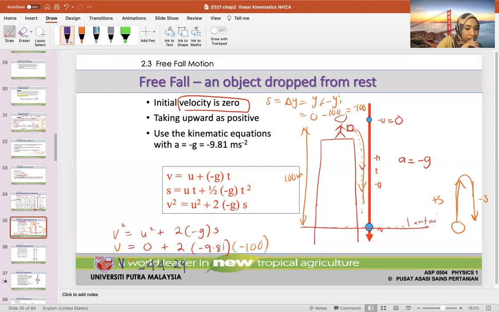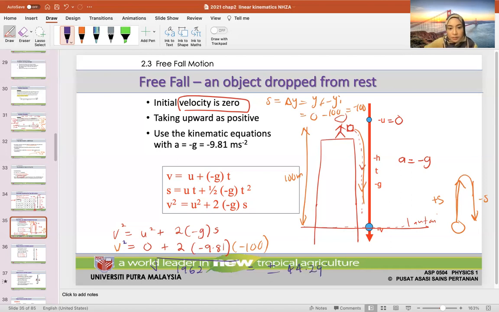So siapa nak teka? Square root eh? Yeah, square root. Ada orang ingat. Because kat sini ada square. So when you square root something, 1962 something, whatever tadi tu, your answer is plus minus 44.29, right?